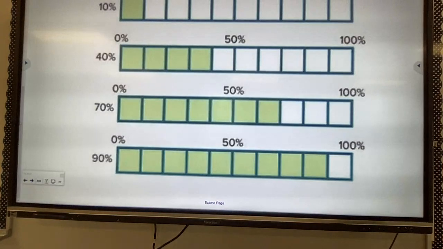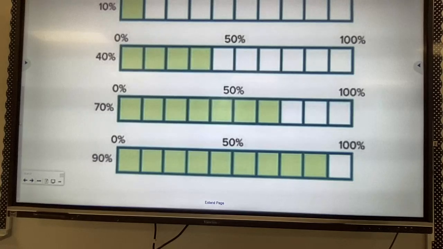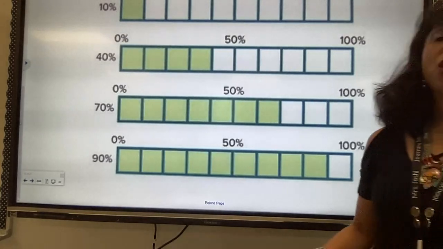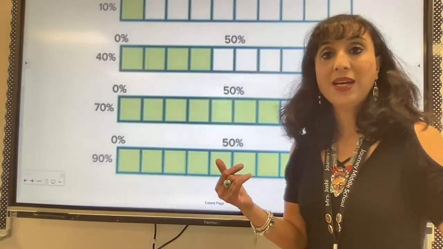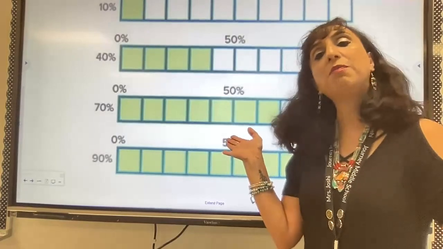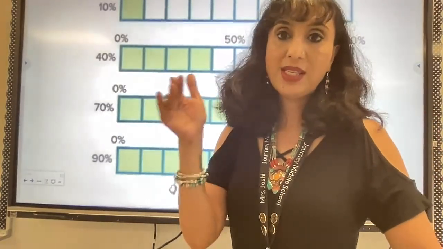Now, what is another way to divide a bar diagram to model 40%? Well, I can divide the bar diagram into 5 sections. If I'm showing 40%, instead of doing 10, 20, 30, 40, 50, I could also make a bar diagram and do 20, 40, 60, 80, 100.